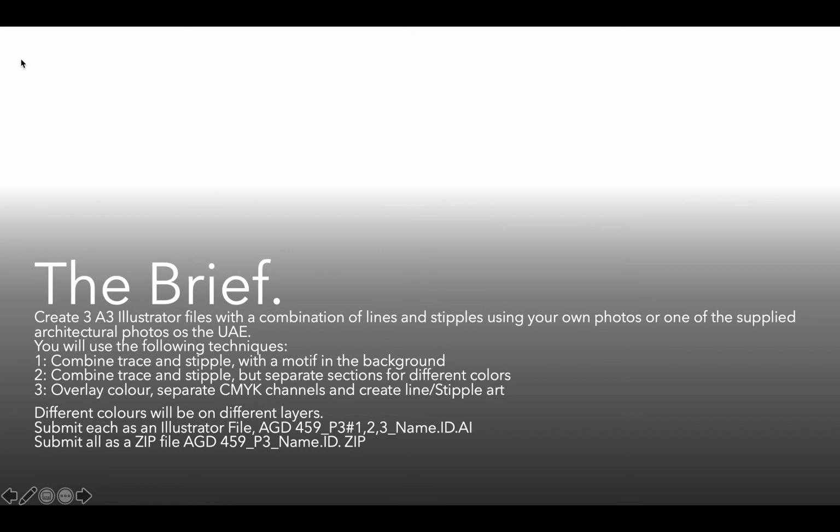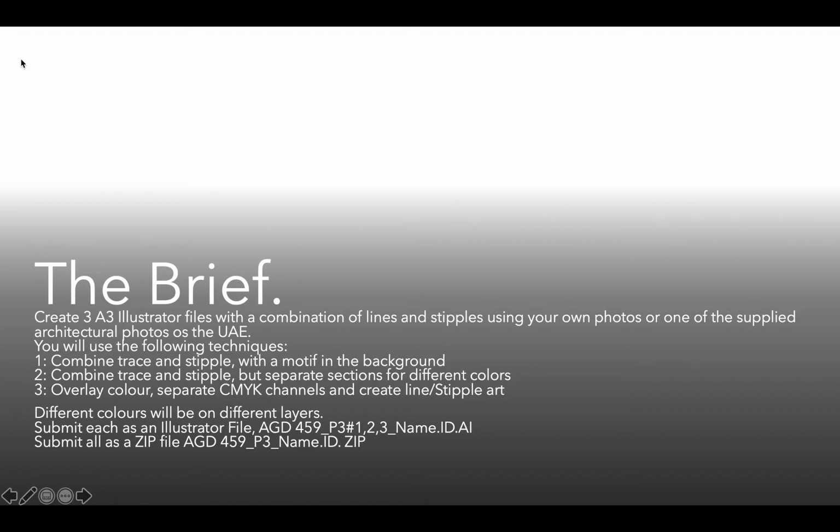Number 1, combining trace and stipple with a motif in the background, do an outline and stipple illustration using 2 spot colors. Number 2, using trace and stipple, but separate sections for different colors. You can use stipple and or outline for any of those knockout colors.